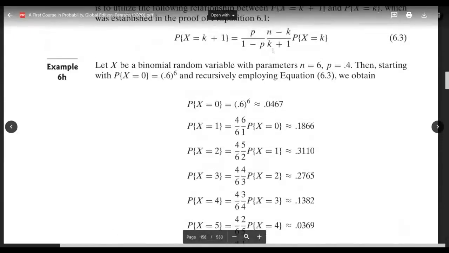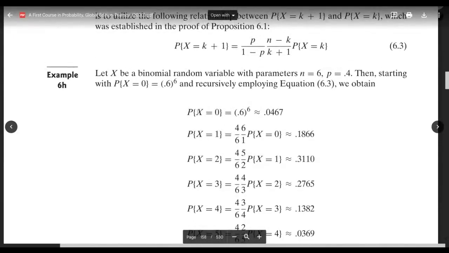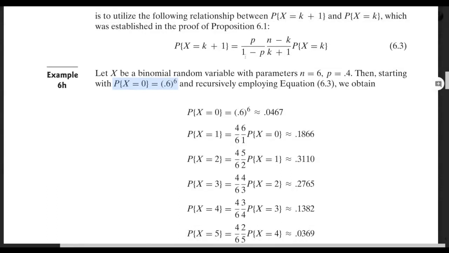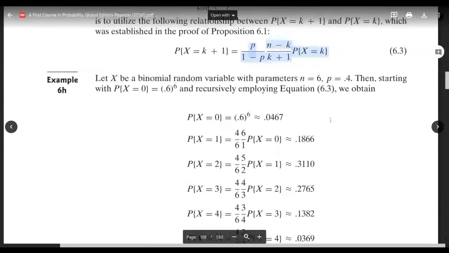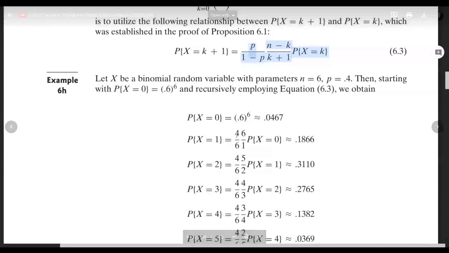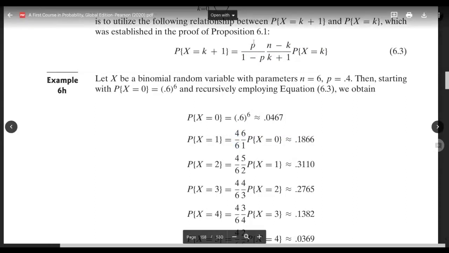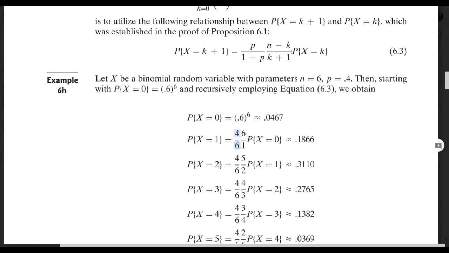So if we use this, because we know the probability of X equals 0 equals this, then we just use the above formula. For X equals 1, we have 0.4 divided by 0.6, that is just 4 over 6.